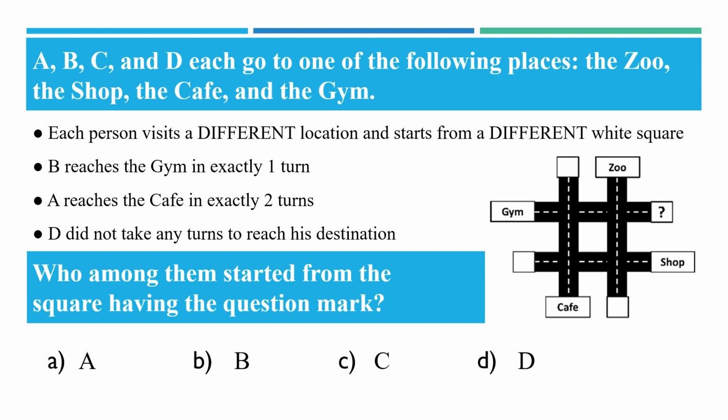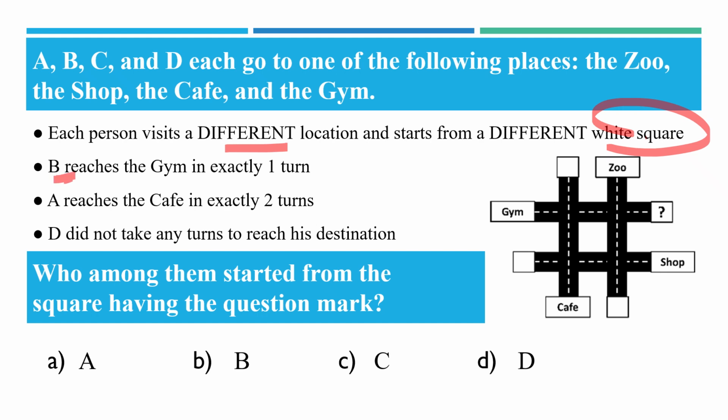A, B, C, and D each go to one of the following places: the zoo, the shop, the cafe, and the gym. Each person visits different locations and starts from different white squares. Great. B reaches the gym in exactly one turn.